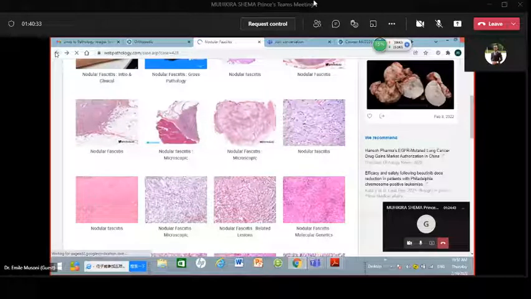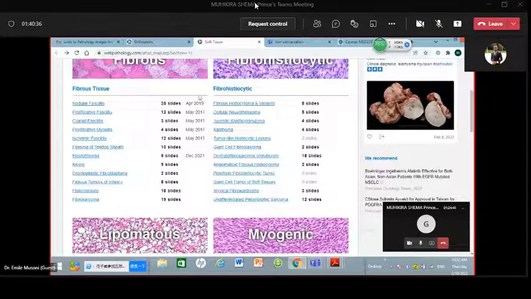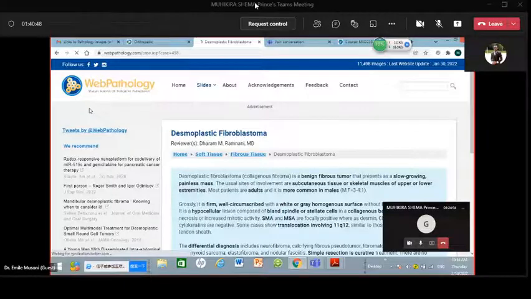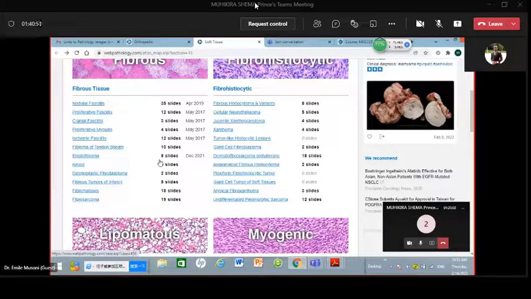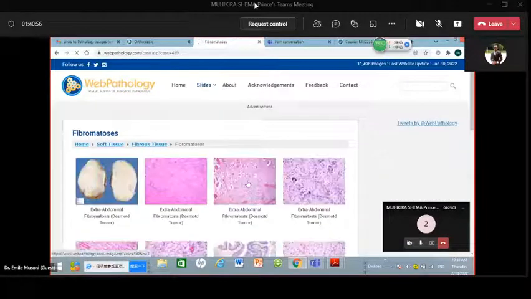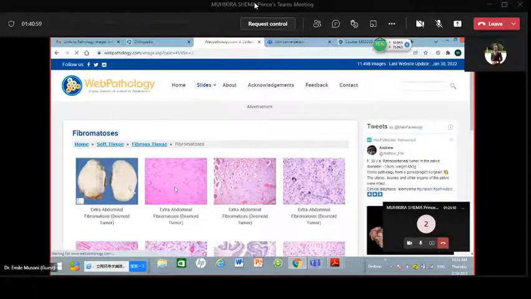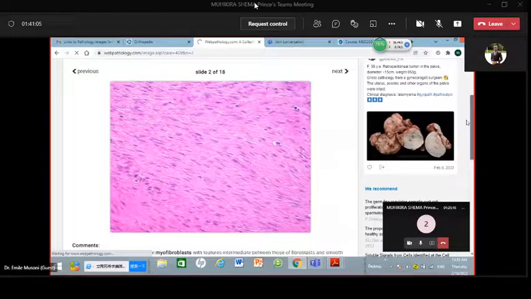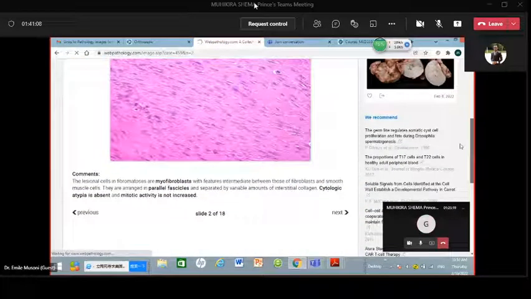Another common one, desmoplastic fibroblastoma, but this one is not totally common. Fibromatosis, like this one, desmoid tumor. See those fibroblasts?